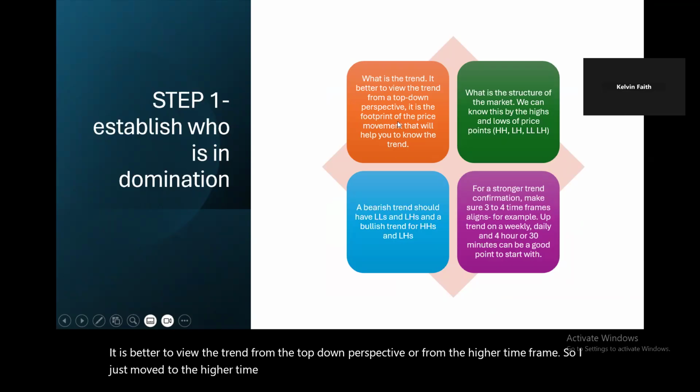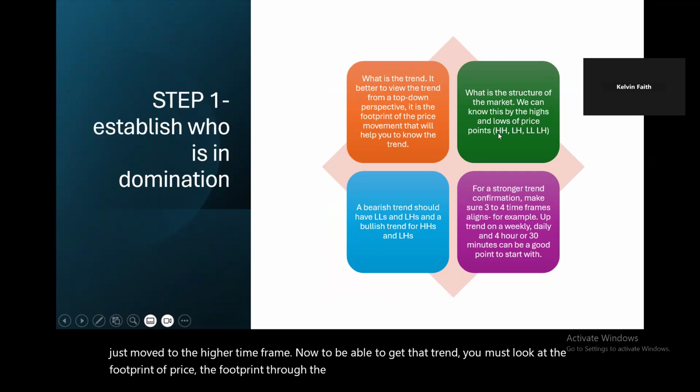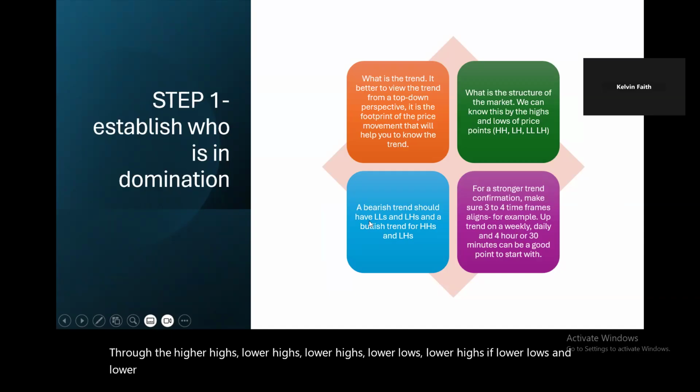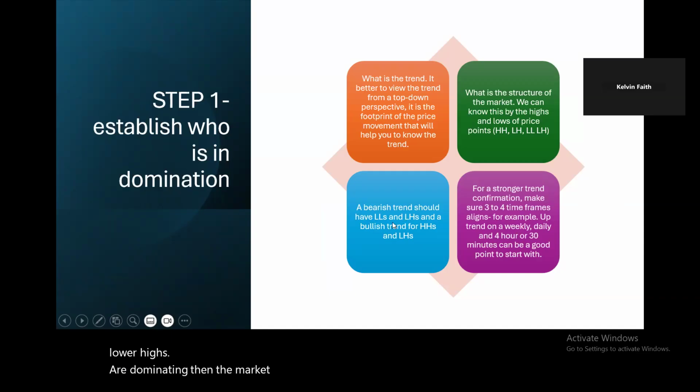Now, to be able to get a trend, you must look at the footprint of price. You know the footprint through the market structure, through the higher highs, higher lows, lower lows, lower highs. If lower lows and lower highs are dominating, then the market is likely bearish or is bearish.